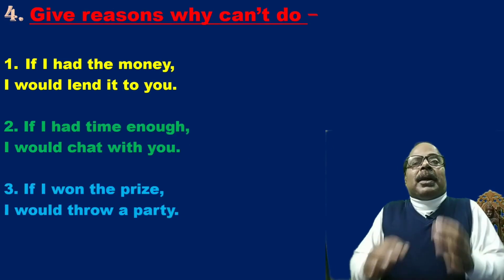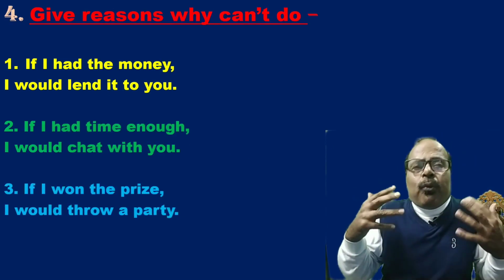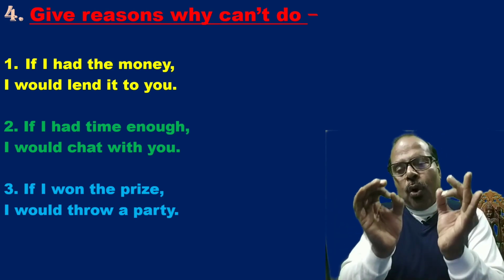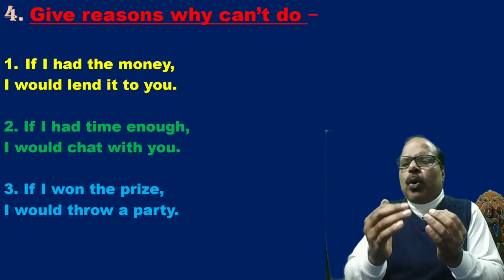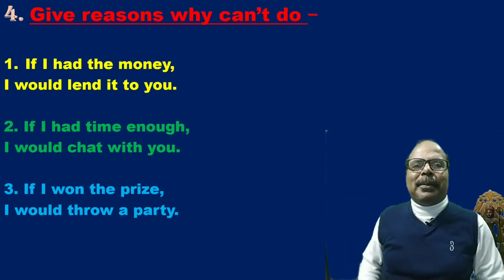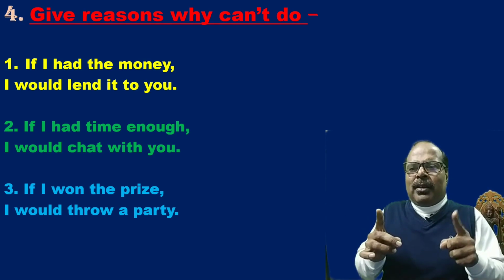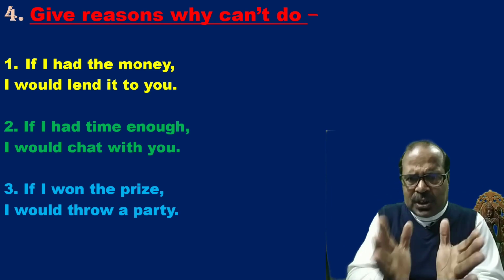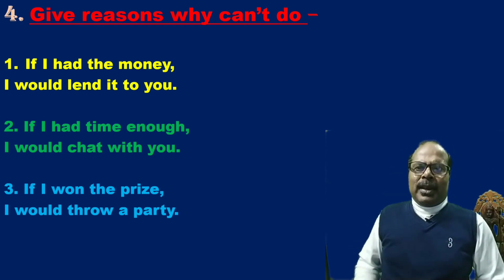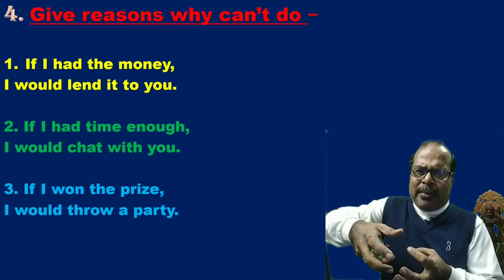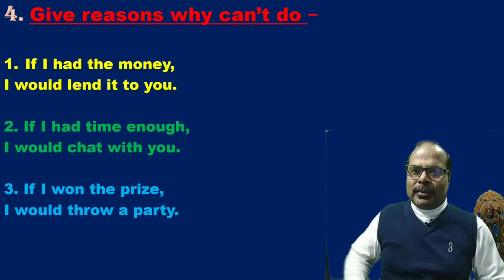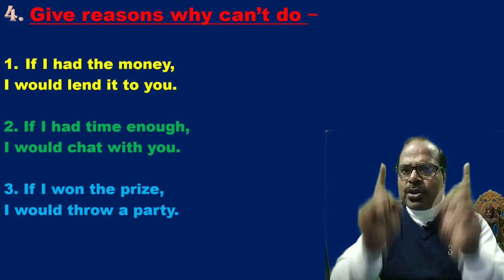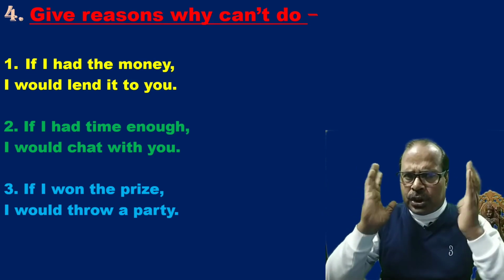Next one, give reasons why we can't do something. Usually, you know that English people are polite while speaking to each other. They generally avoid saying no. In place of saying no, they, in a roundabout way, say that, and also give the explanation behind that no. Think about a situation.